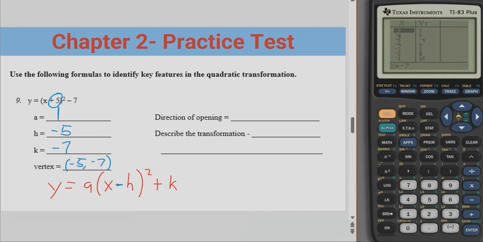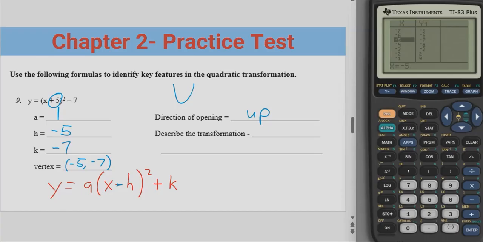My a value is positive, so that's going to control the direction of my opening. It's a smiley positive parabola, so it's going to open up, and that h and k dictate my transformation, so it's going to move the graph. And if you're ever confused, just graph it on your calculator. If I type that in, I see my vertex here at -5, -7.